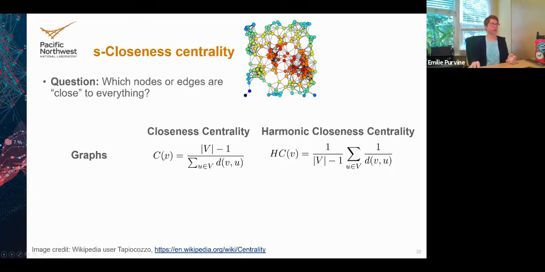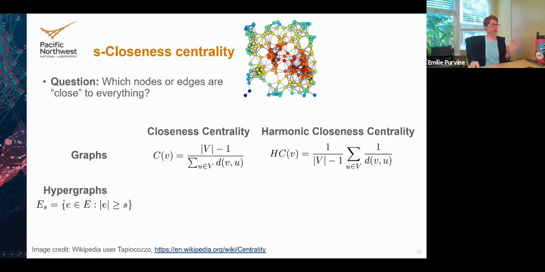So for a given vertex, we take the average distance of that vertex to all other vertices and then take the reciprocal of the average. The harmonic closeness centrality is the reciprocal of the harmonic mean. And this allows for disconnected components because 1 over infinity, we treat that as 0 if two vertices are in different components. Whereas here, if you have an infinity distance, your closeness is 0 no matter what, which is not exciting. So in a hypergraph, we can compute the same thing.